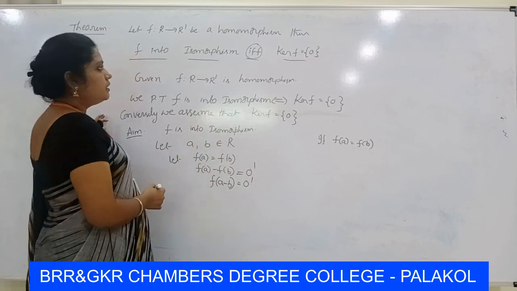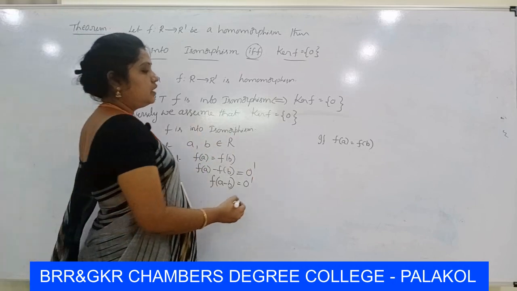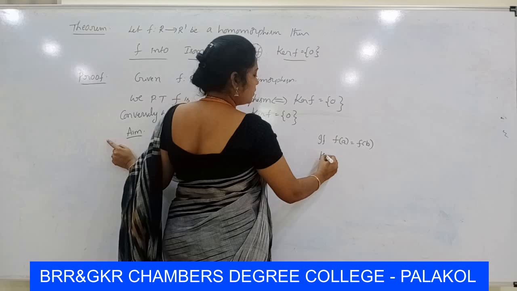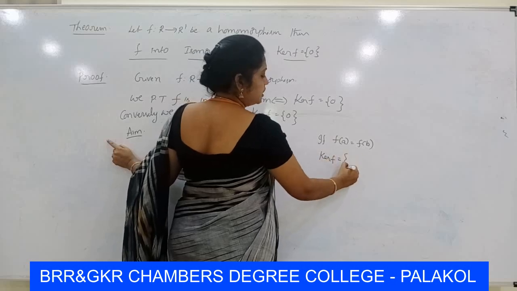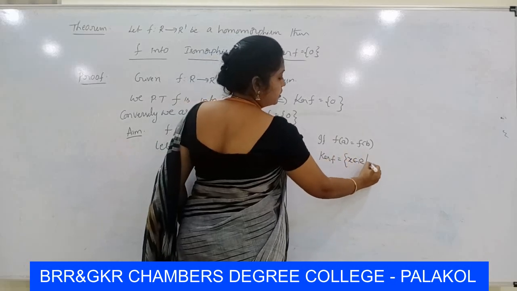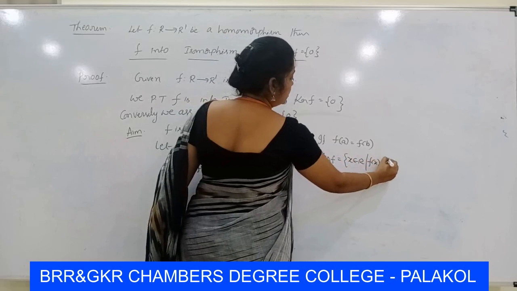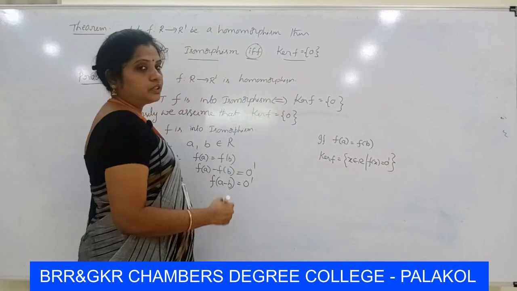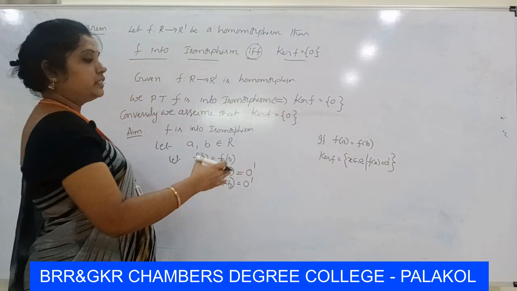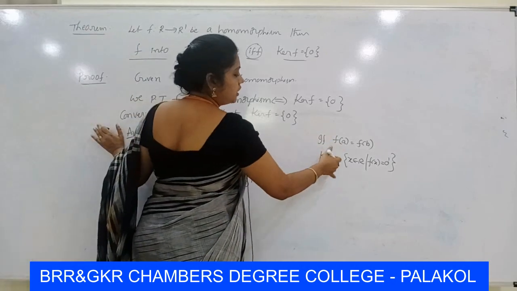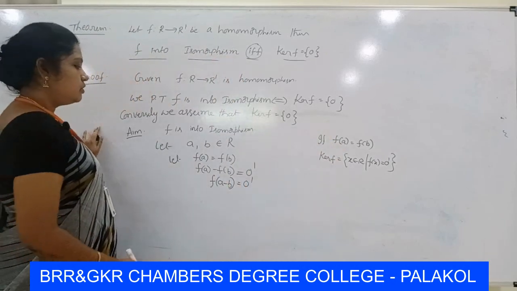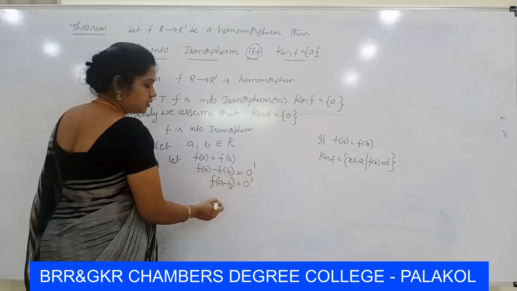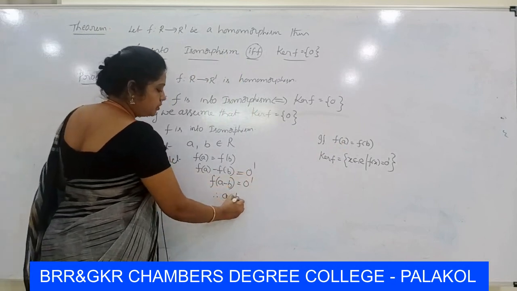So by the definition of a kernel, kernel f is the set of x belonging to R such that f of x equal to 0 dash. Those elements whose image is 0 dash are in kernel f. So f of a minus b equals 0 dash, therefore a minus b belongs to kernel f.